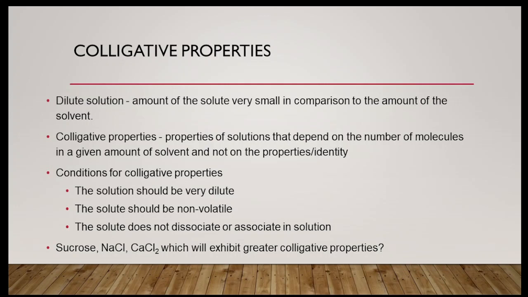You can add different kinds of solutes in a solvent, but the colligative properties will depend only on the number of molecules. Even if the solute has a very high molecular mass or is very corrosive, it doesn't matter. It just depends on the number of molecules in a given solvent.